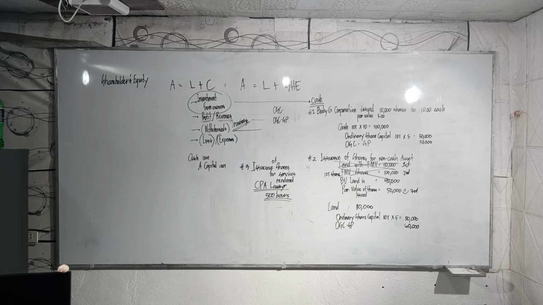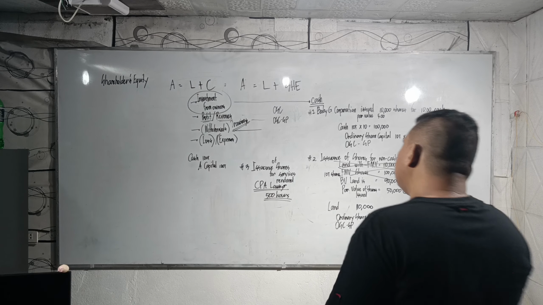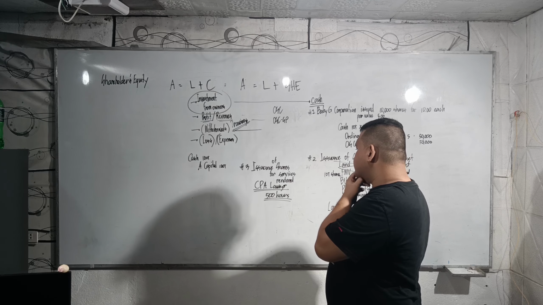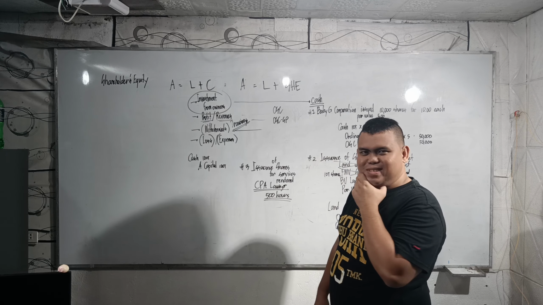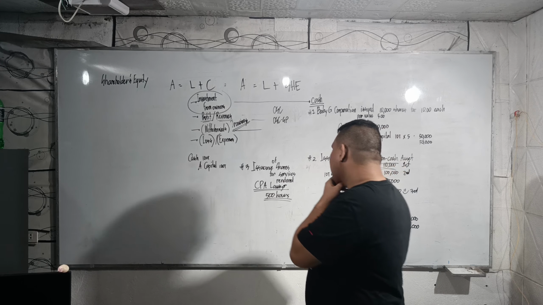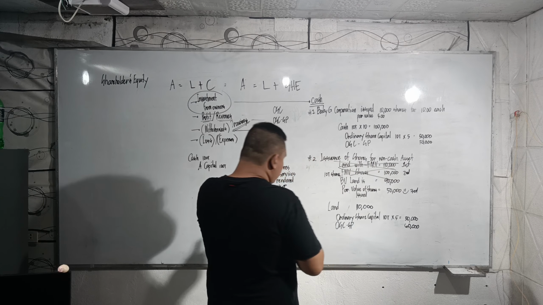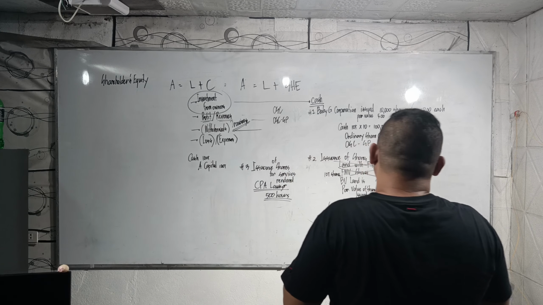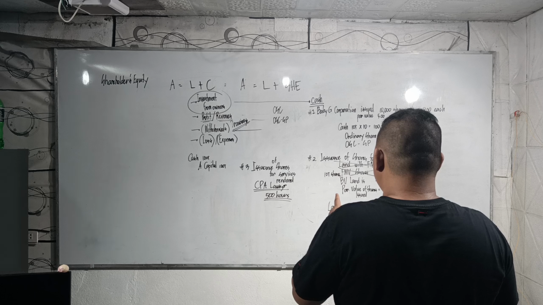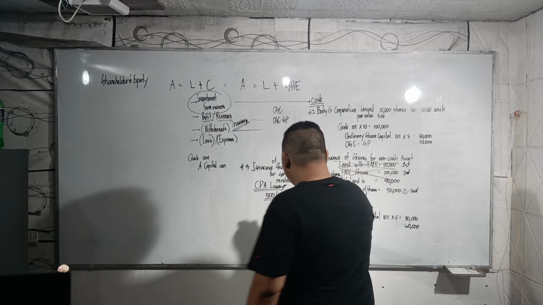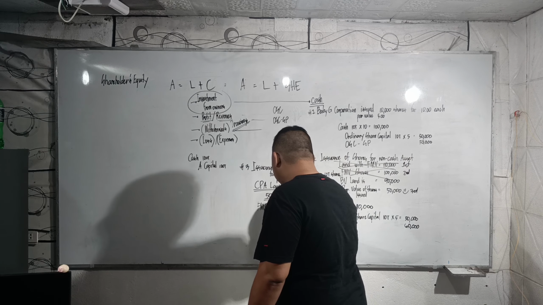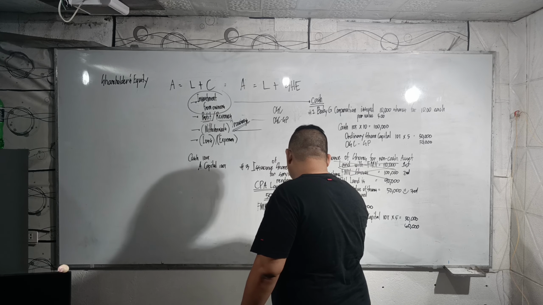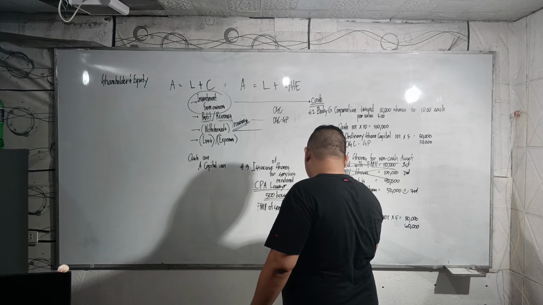The problem is, the CPA lawyer does not want to receive cash for his rendered services. Okay? He wants shares. So, what will happen? For example, the 500 hours, the fair market value of services is 250 per hour.